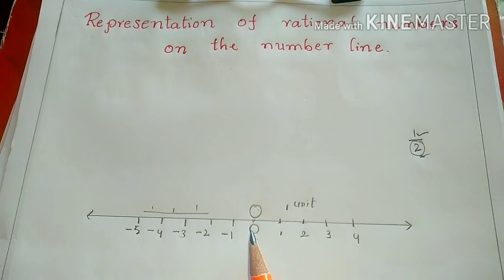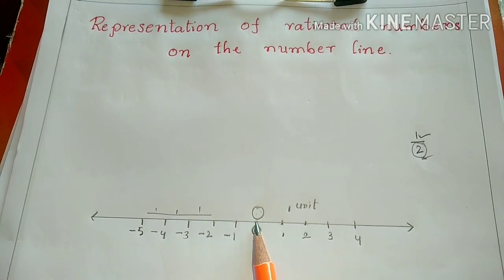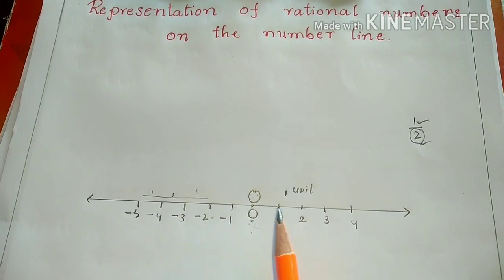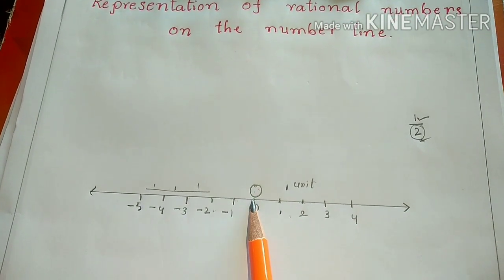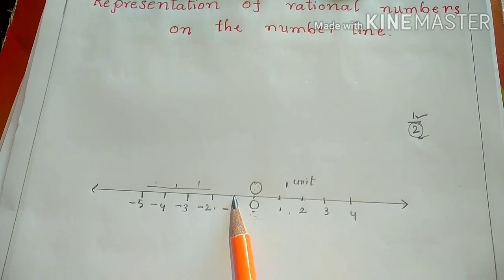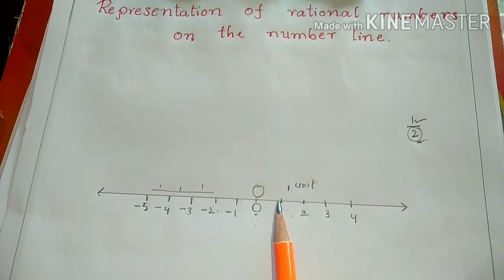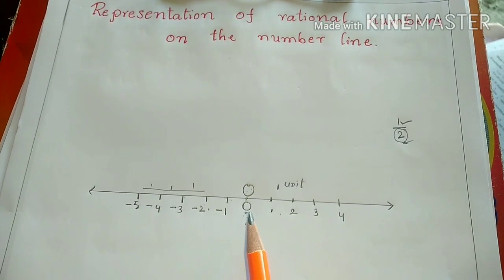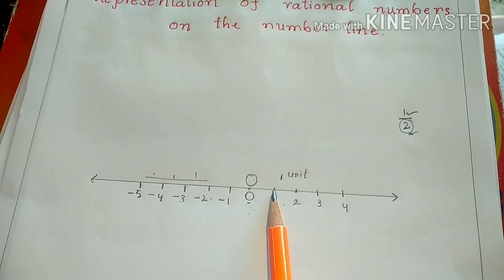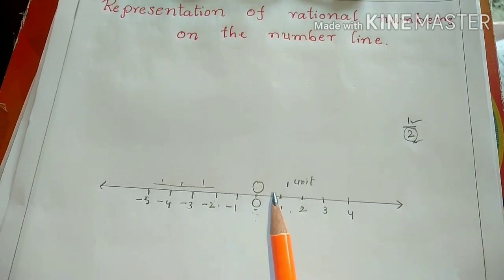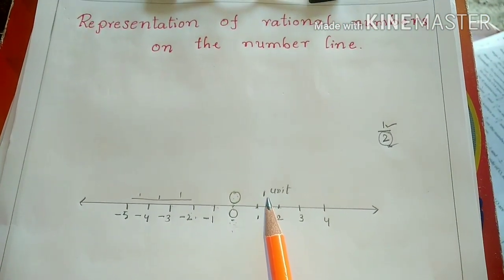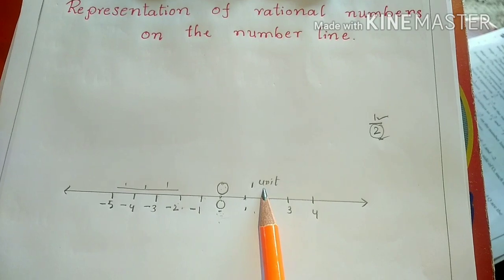Next, mark points at equal distance on the left side and right side of 0, such that the distance between two adjacent points is 1 unit.